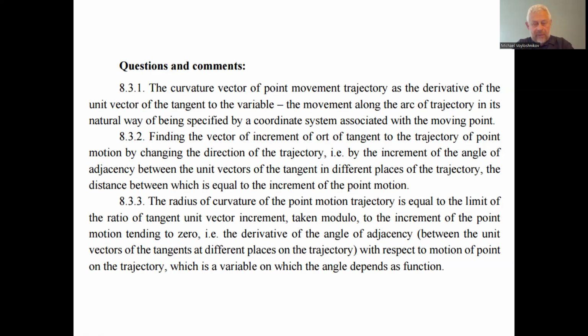And finding the derivative of this orth as a vector, with respect to the increment of the motion of the point M, a very small motion of the point M along the trajectory, as the length of the arc along the trajectory of the motion of point M tends to 0, we found that the vector of curvature, not by magnitude but itself, the vector of the curvature, is equal to the derivative of the tangential axis of the natural coordinate system associated with the moving point.